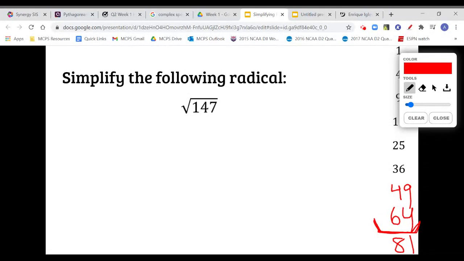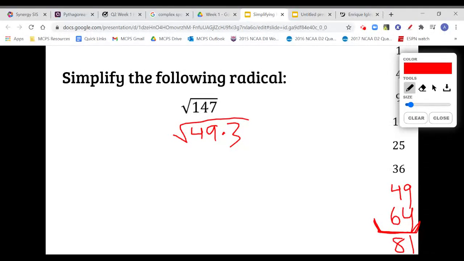Oh, it's only the second one I've tried, but that already works. If I divide 147 by 49, and if you don't know this one in your head, that's okay. It's a little bit more of a complicated one, but that's why I just work through the list methodically. When you type 147 divided by 49 in your calculator, that would come out to 3. So that means that 147 is the product of 49 times 3.